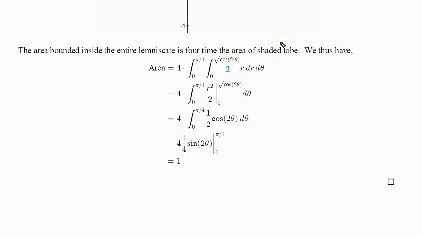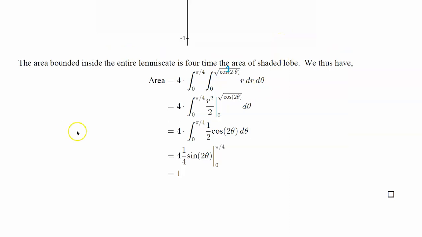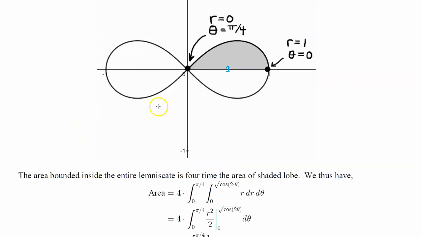If we look back at the graphic up here, notice that over this shaded region, r goes from 0 out to that point on the curve, and so if this is theta, this distance is the square root of the cosine of 2 theta, right?